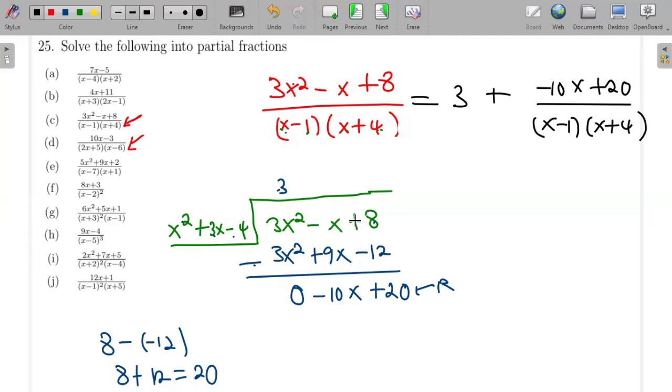So that's what we get when we do long division.